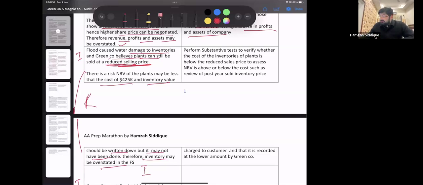So perform a substantive test to verify whether the cost of inventory is below the reduced sale price, to assess whether NRV is above or below cost, such as a review of post year-end sold inventory prices. What was the price charged for those inventory? That will help us to assess the NRV.